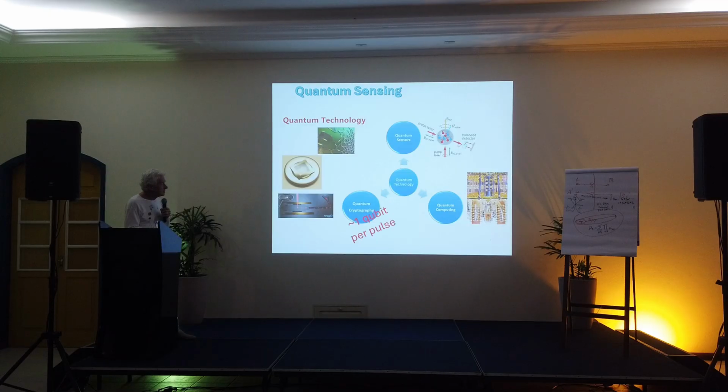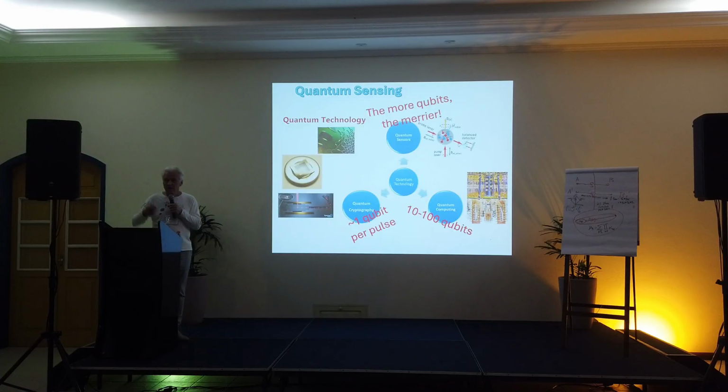Anyways, so this requires 1 qubit per pulse. This requires 100, maybe 1,000 qubits. But with quantum sensors, the more qubits, the merrier. I just told you about the system which has 10 to the 10, 10 to the 11, 10 to the 12 individual qubits, and we happily use them for sensing.